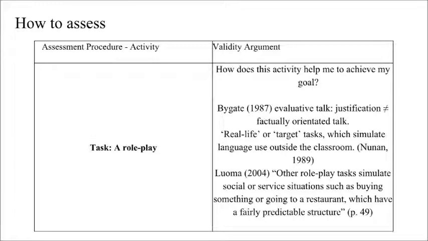So maybe in the future if they achieve this goal, it means that outside the classroom they should be able to argue the characteristics of a product. So that is why this activity enables students to achieve the goal, and this activity may be evidence to know if the students achieved their goal or not.